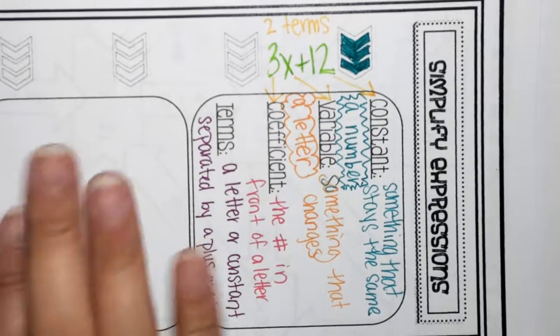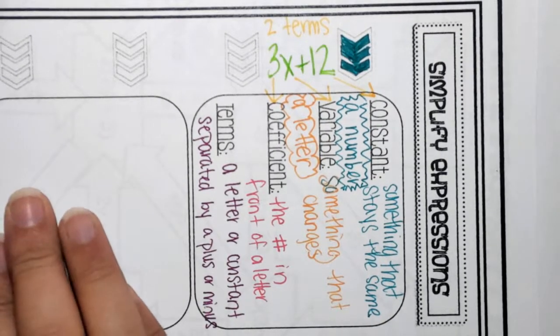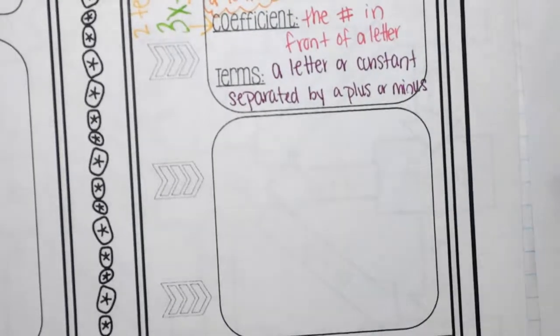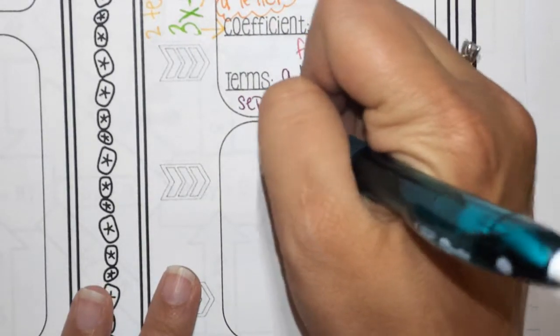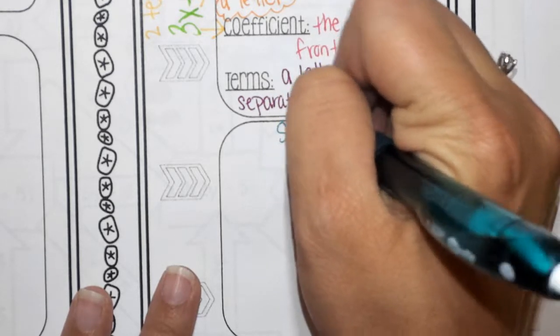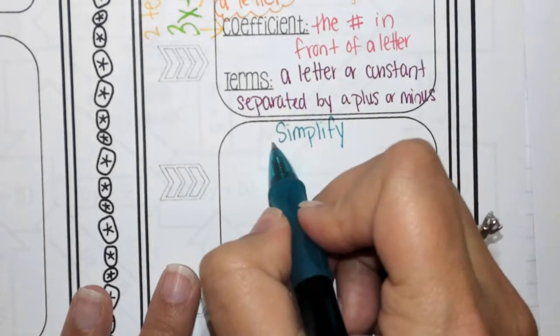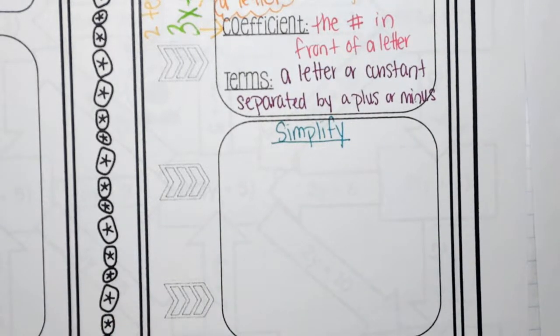So down here in this bottom square, we're going to do some examples. We're going to simplify. So at the top, we're going to write simplify. The clicking of these pens may be the death of me.